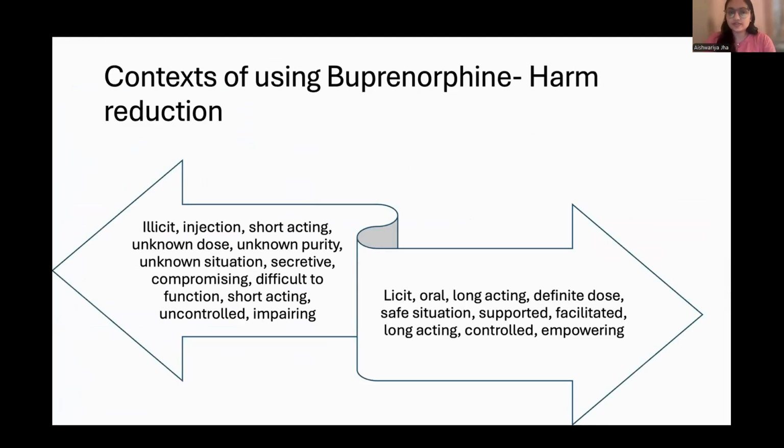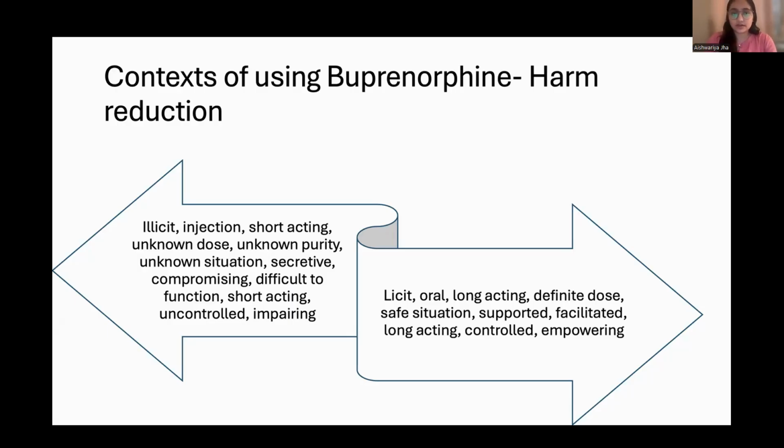So the context of using buprenorphine, one of the really important aspects is harm reduction, because we're going from a person using something illicit, something possibly injectable, short acting, of unknown dose and unknown purity, from an unknown dealer in an unknown situation, which is secretive, compromising, difficult to carry on with their daily activities because they're looking for their next hit.